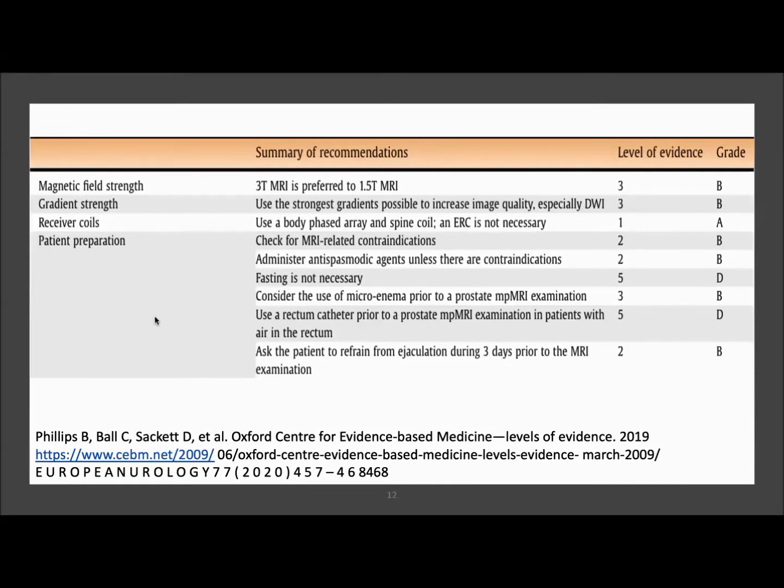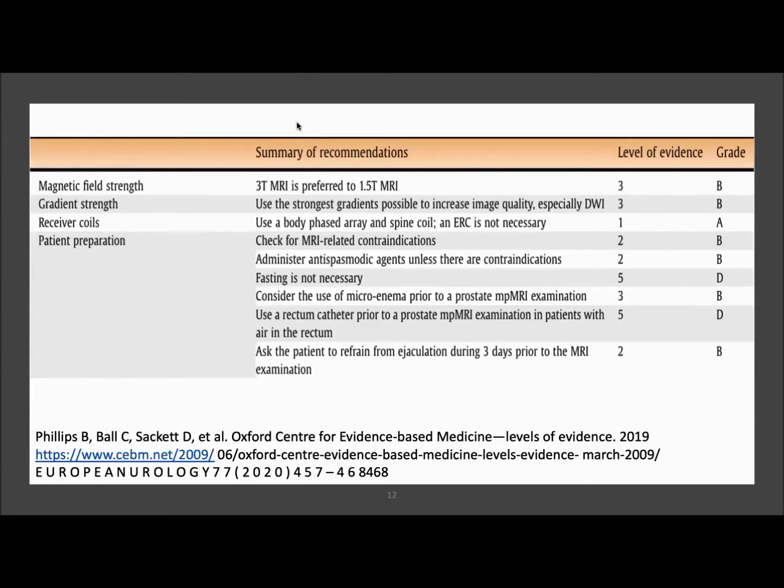So the gradient strength is very important to have very good image quality in cases of diffusion weighted acquisition. For that purpose, we can use a body phased array coil or a spine coil. An endorectal coil is not necessary for this examination.